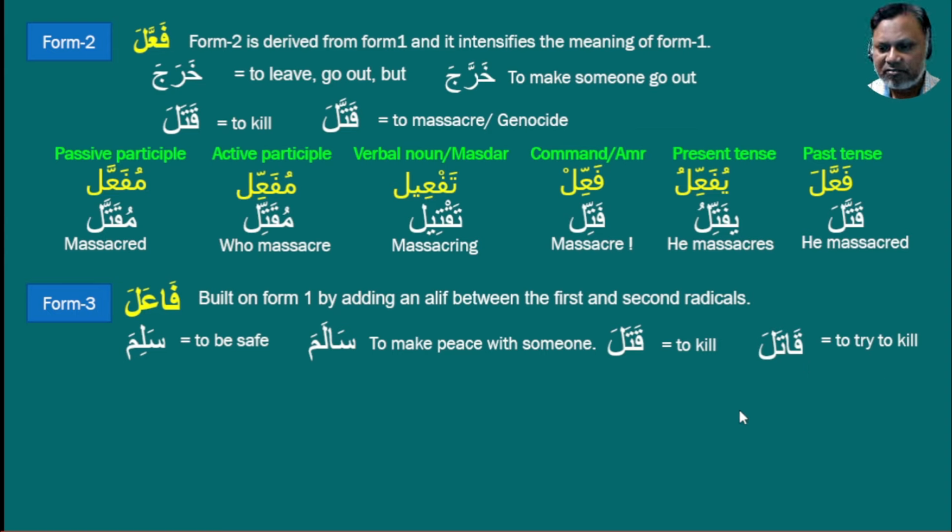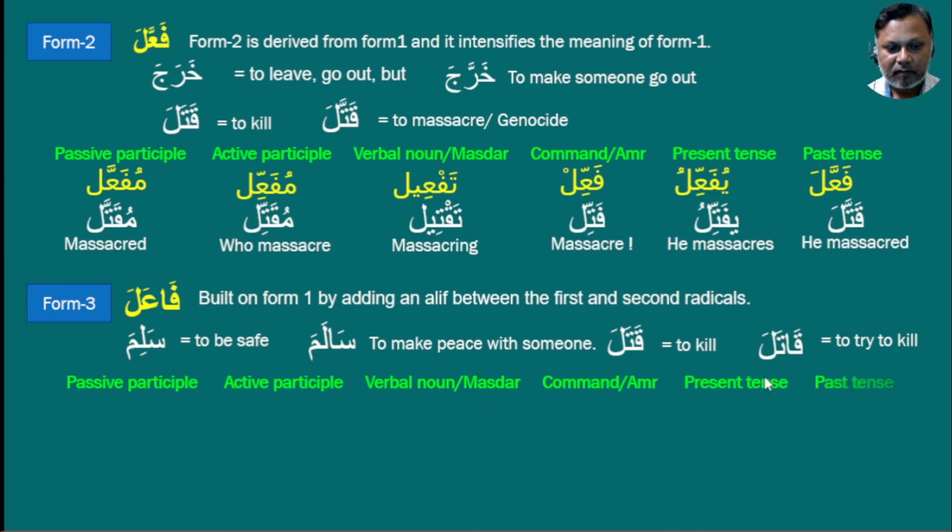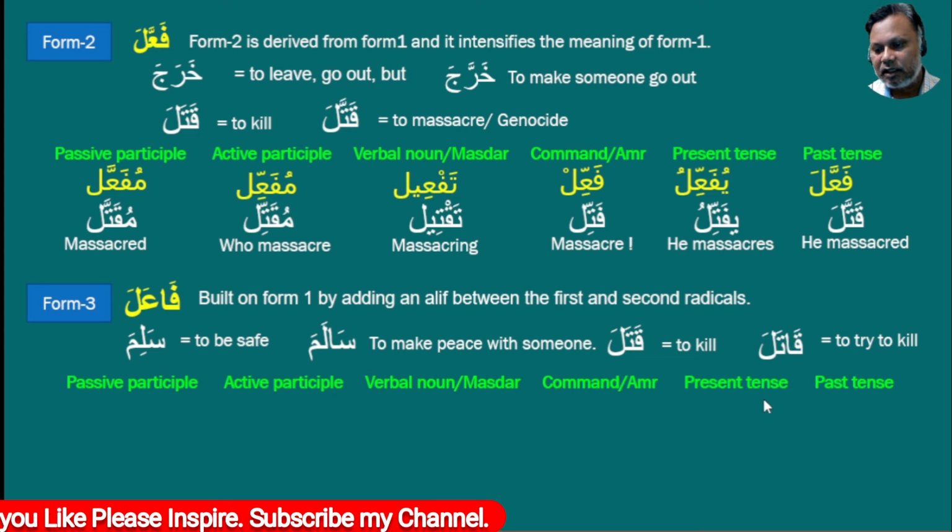So this is the variation of the verb that we need in our daily life conversation. These are the branches we need.